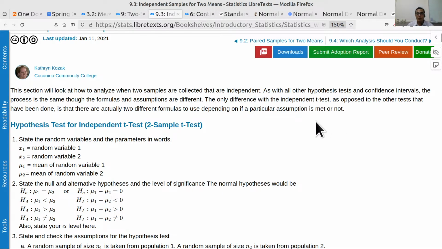As with all hypothesis tests and confidence intervals, here, when I was a PhD student, I really struggled with the hypothesis test because we need to set the null hypothesis. We test, then we can reject or accept the null hypothesis.